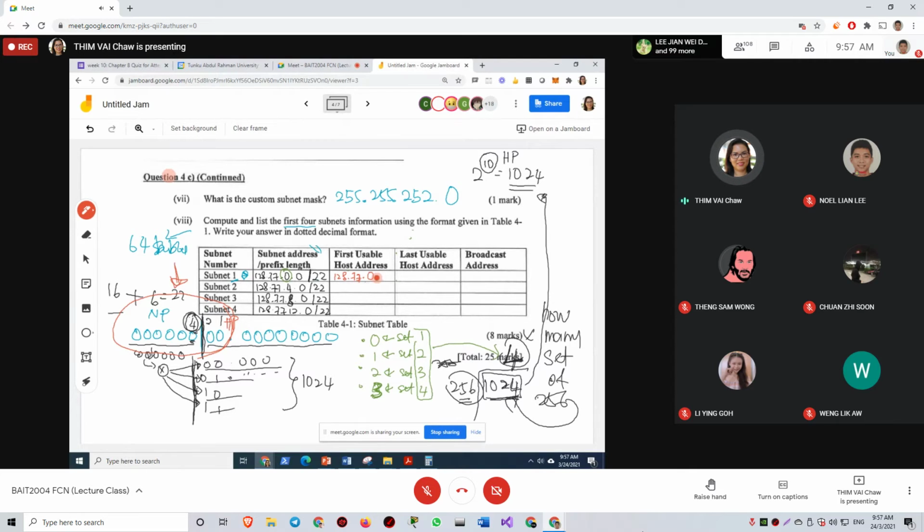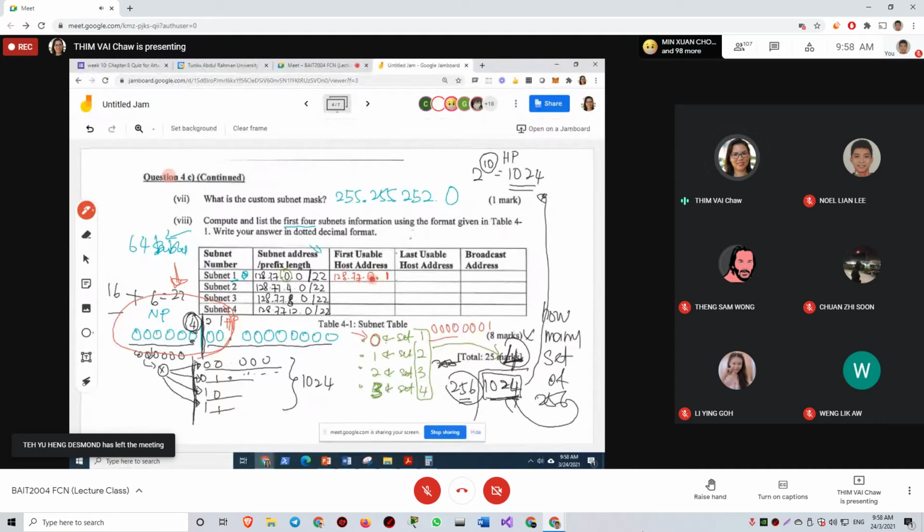And as I just told you, we modify our host addresses starting from the back. Now you're talking about your first usable address, so I modify until the end. This is the first set. Under the first set, .0 with bit pattern 0000 0001 is a usable host address.